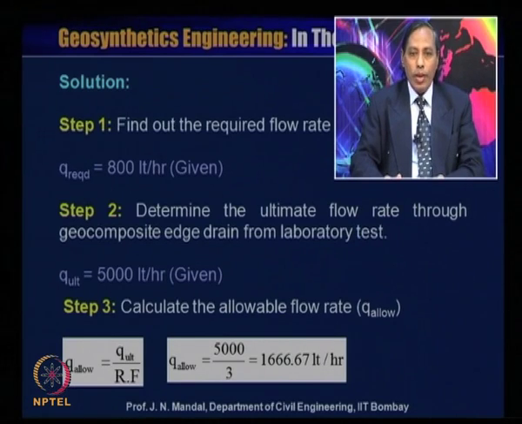Step 3, calculate the allowable flow rate, Q allowable. Q allowable is equal to Q ultimate divided by the reduction factor. Here the reduction factor is 3. So, Q allowable will be equal to 5000 divided by 3, which is 1666.67 liter per hour.